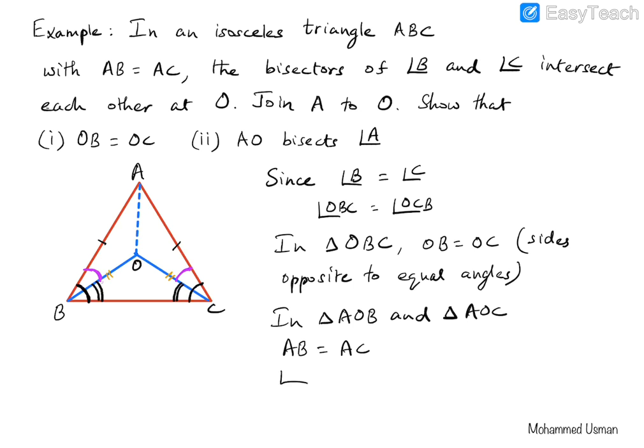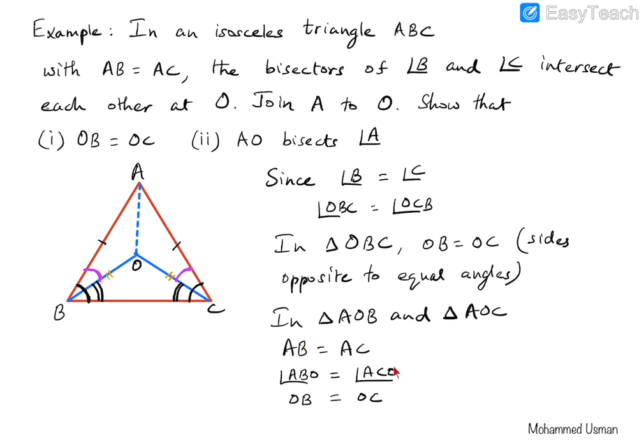So you'll say angle ABO is equal to angle ACO, and then we have OB equal to OC, which is what we proved just a little while ago, when we looked at this particular triangle.